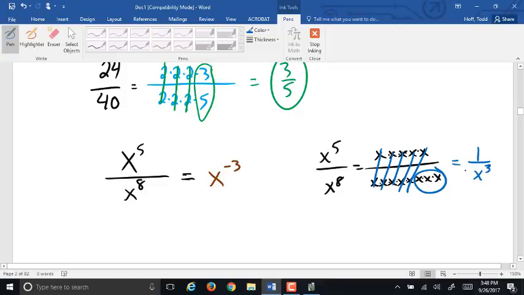It's 1 over x to the 3rd. X to the negative 3 is equivalent to 1 over x to the 3rd. A negative exponent is a reciprocal. We'll talk about that a little bit more later on in the class.